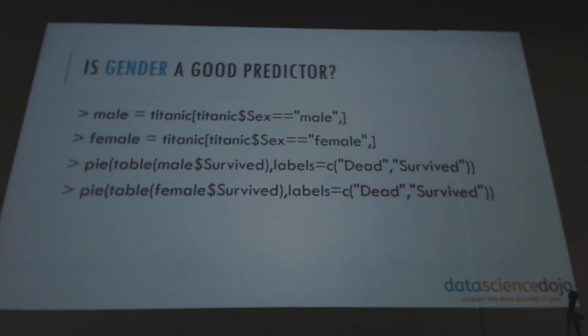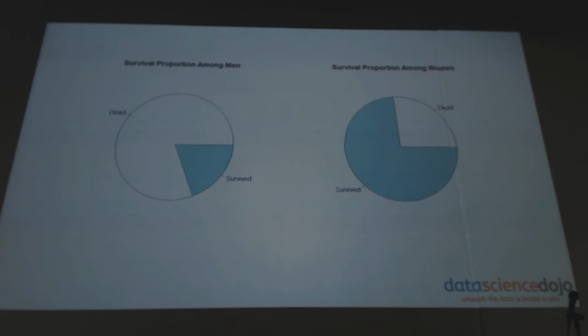Okay, so let's come to this. We talked about this. We think that gender is a good predictor, and this is some code that will create a pie chart of gender and whether they survive or not, right? And again, you can replicate this using the code that I mentioned.